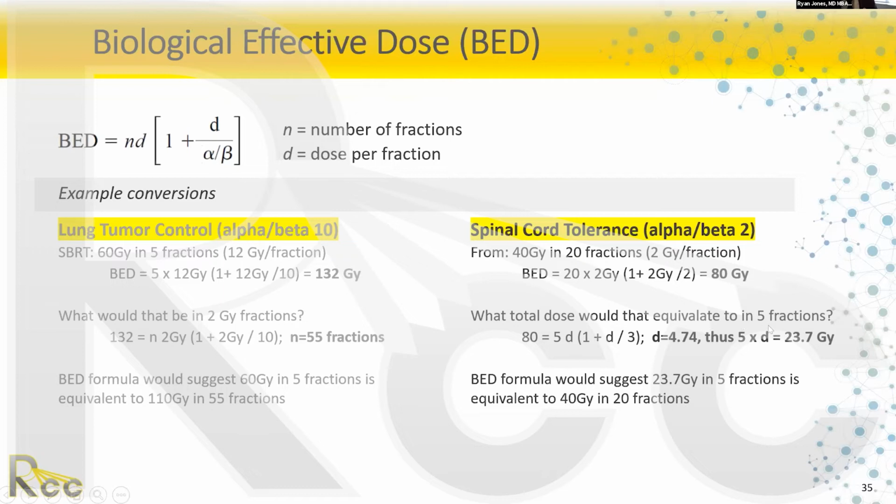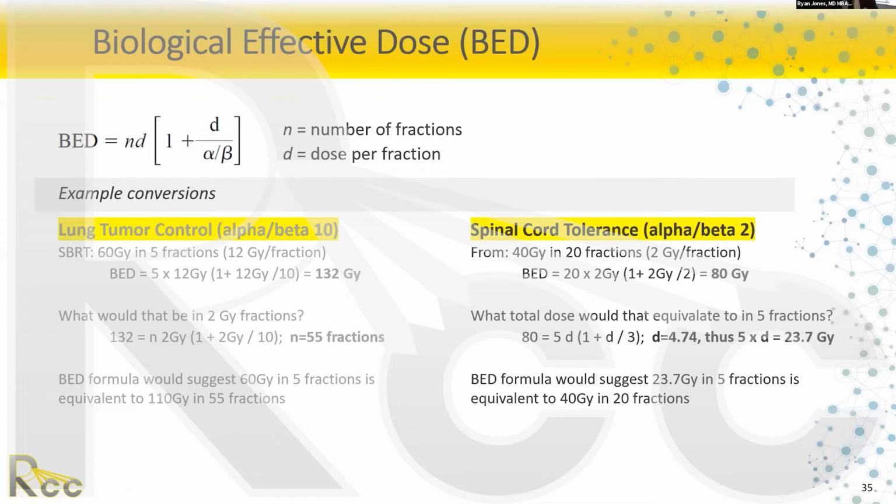What would that be if we were working backwards to 5 fractions? What total dose? So you plug it in, you solve for your fractionated dose, which is 4.74, and you'd say, okay, in 5, that 40 gray and 20 fractions, according to these formulas, would be something like 23.7 gray in 5 fractions.